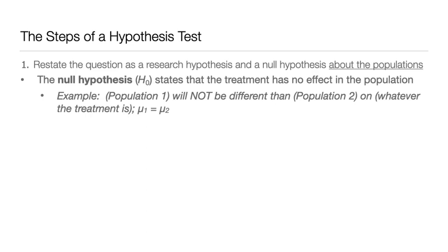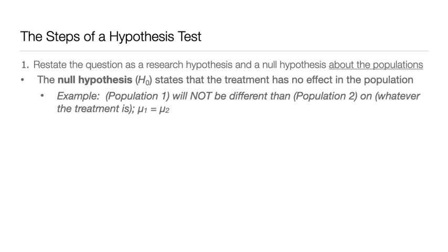Who is population 2? On whatever the treatment is, fill in the blank there. So just make sure you're talking about those pieces of it so that we know what we're trying to generalize to. Those are important. And we want to make sure we include that mathematical representation so we know kind of what this looks like in terms of the math, right? What this looks like in terms of the numbers.